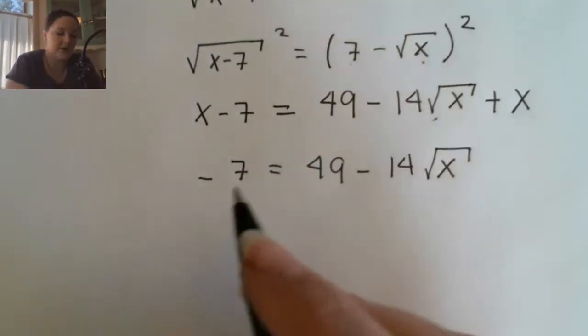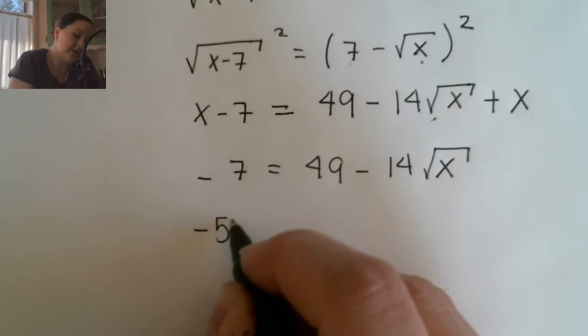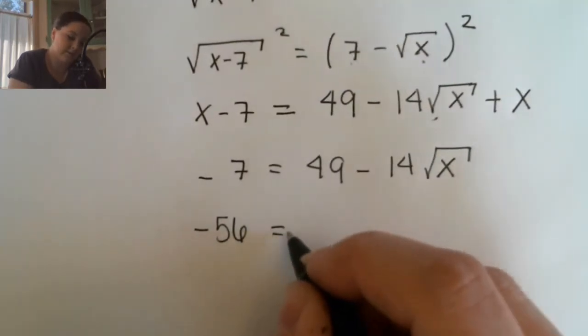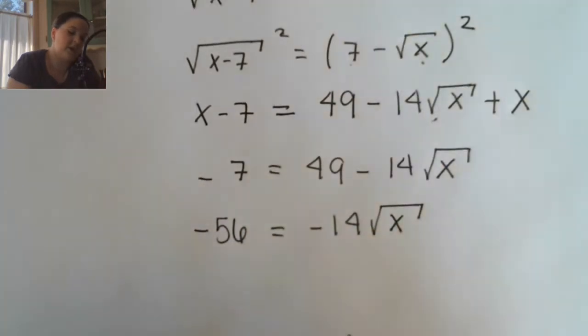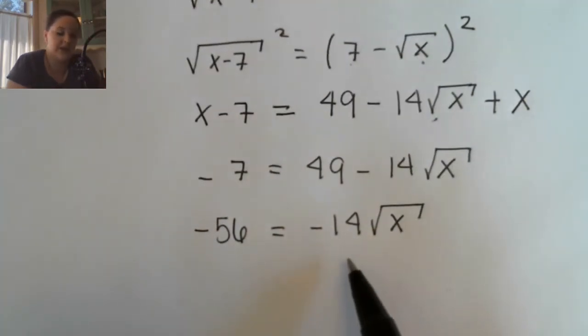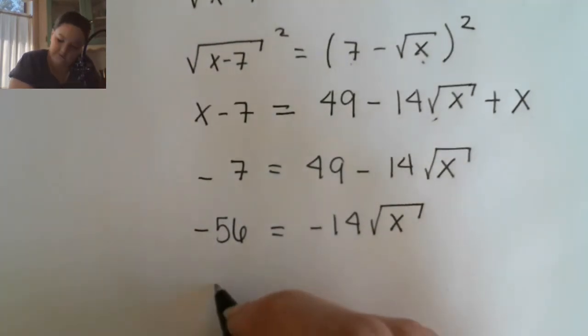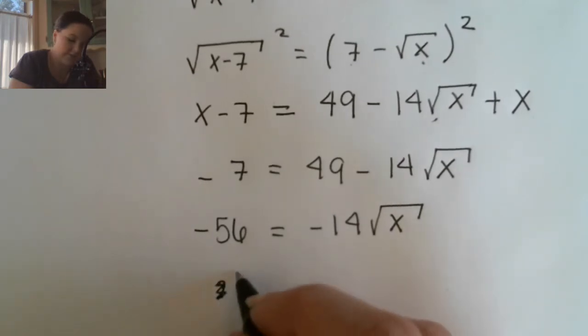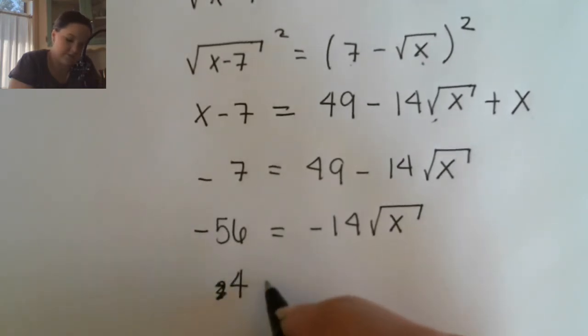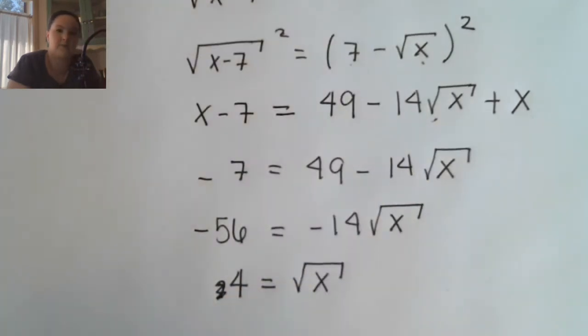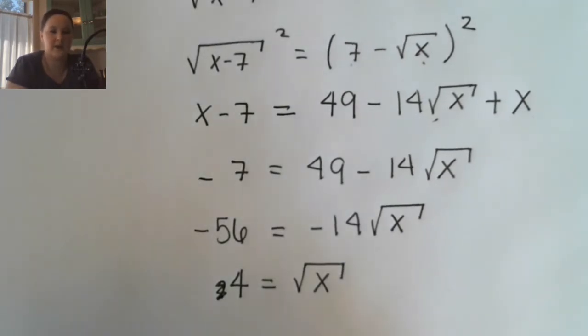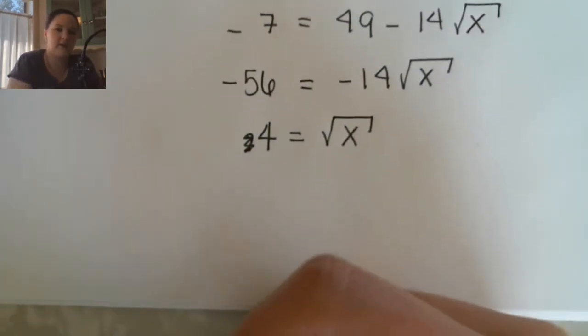Now I'm going to subtract 49 from both sides. And now I'm going to divide both sides by negative 14. Now that I have my root x isolated, I'm going to square both sides again.